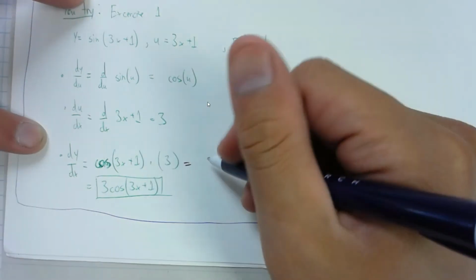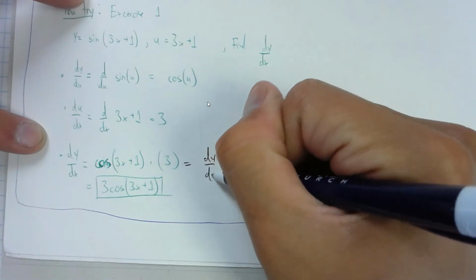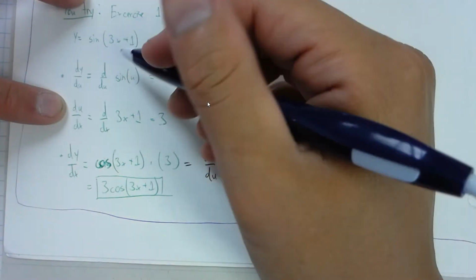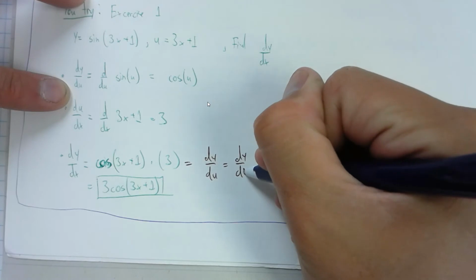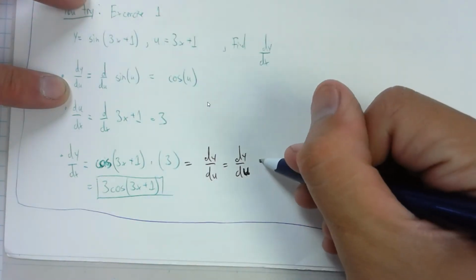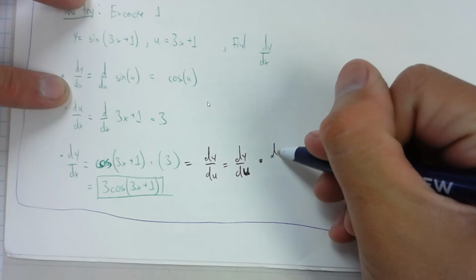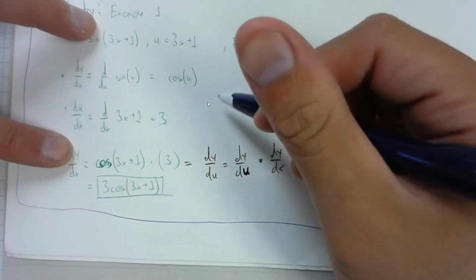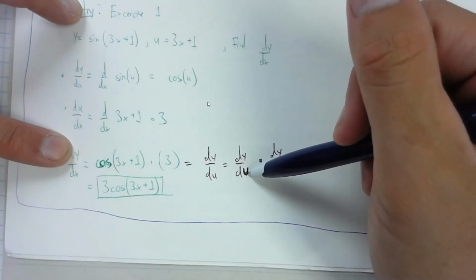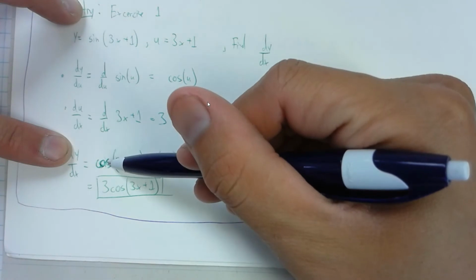Let's make a relationship really quick. This is basically dy over dx equals dy over du times du over dx. Basically what this is saying is dy over du is cosine of 3x plus 1.